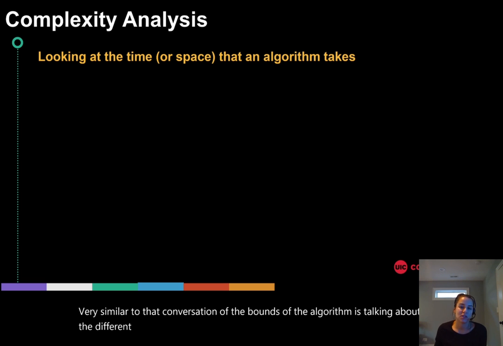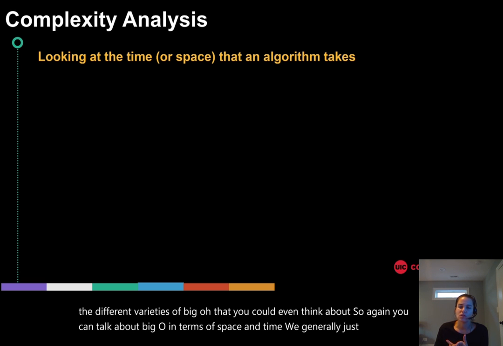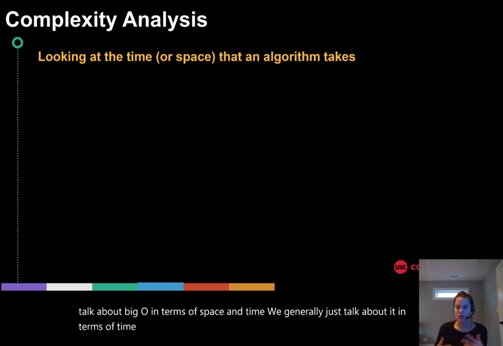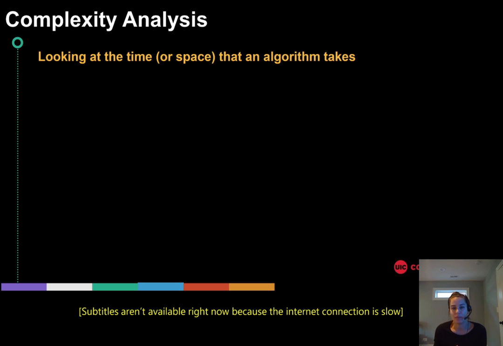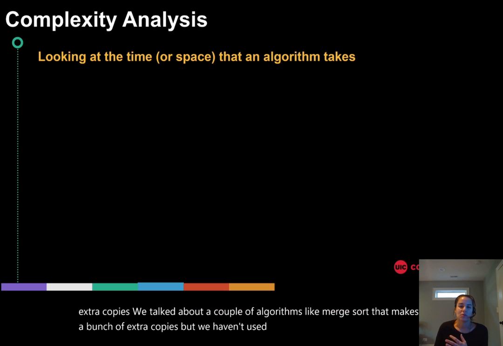We generally just talk about it in terms of time because most of the times the abstractions or data structures we're using only have one copy of the data. So big O is constant because it doesn't make extra copies. We've talked about a couple of algorithms like merge sort that make a bunch of extra copies, but we haven't used it in anything so far, so it hasn't come up too much.